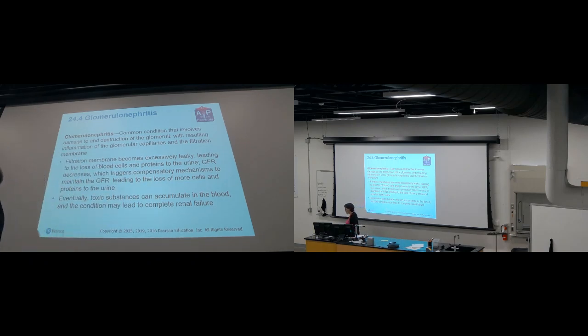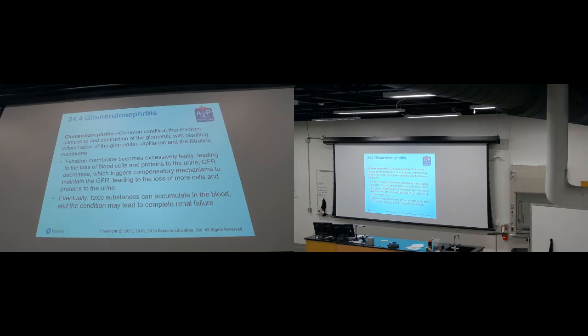And then we already mentioned before what happens with damage to this membrane, glomerulonephritis. It can happen for different reasons, including infections, or sometimes antibodies lodged in your glomerulus.